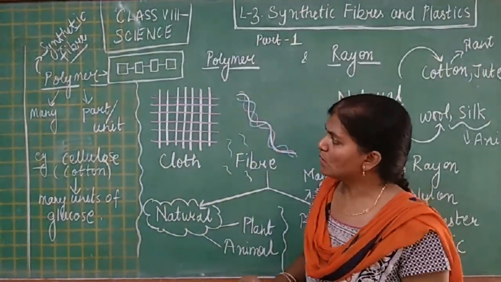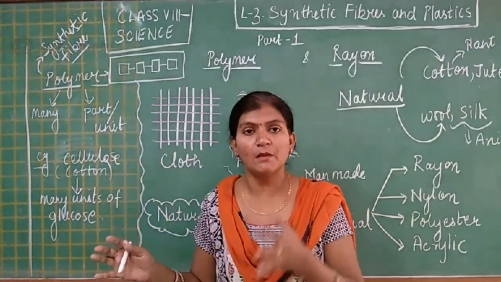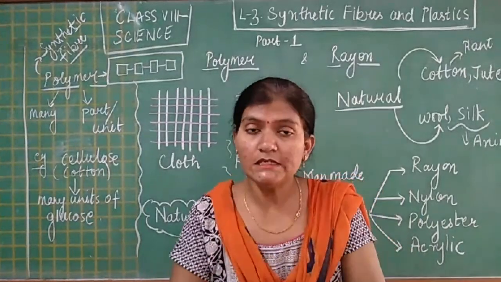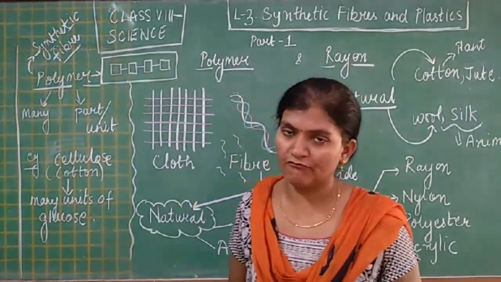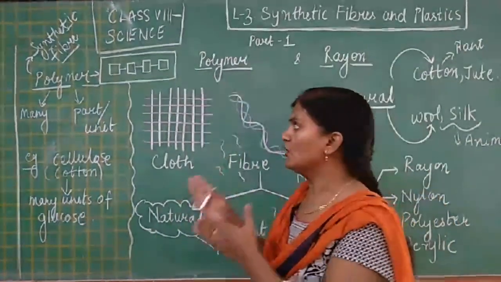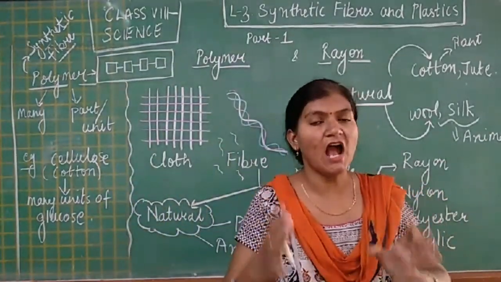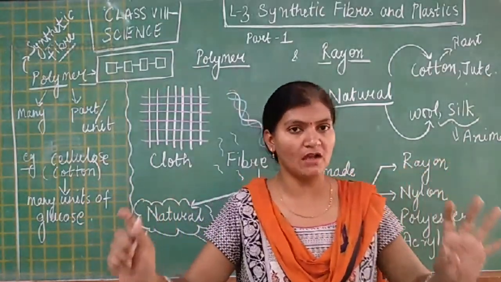Okay students, so polymer is a type of chemical substance which is used for making synthetic fibers, and the polymer consists of many small units which are attached to each other.